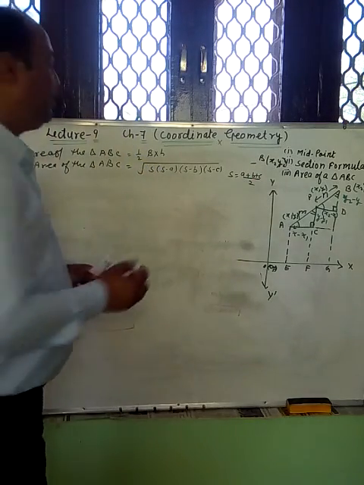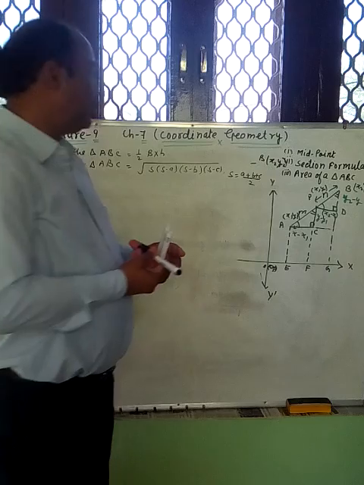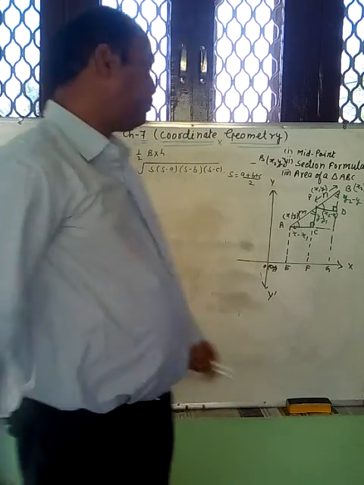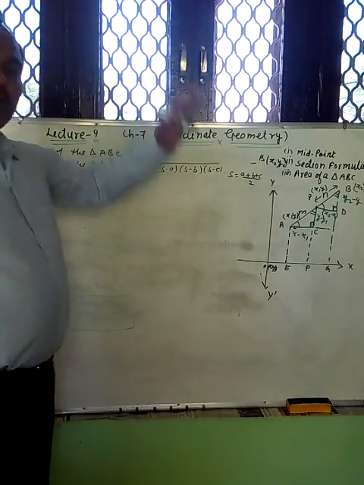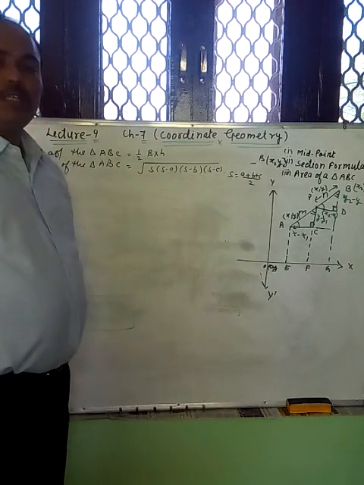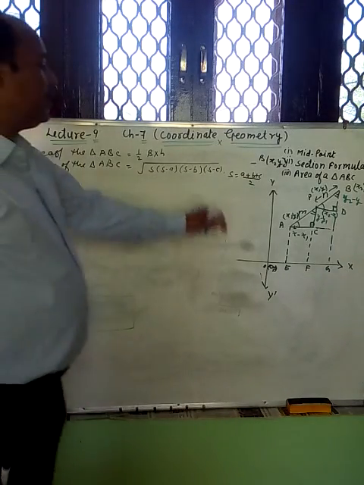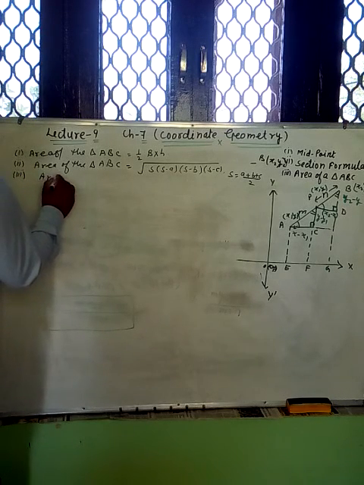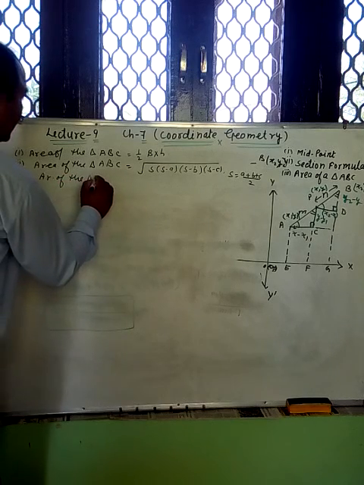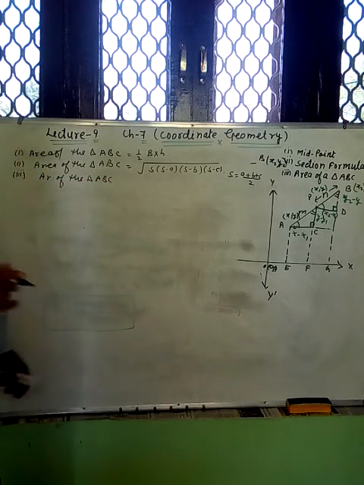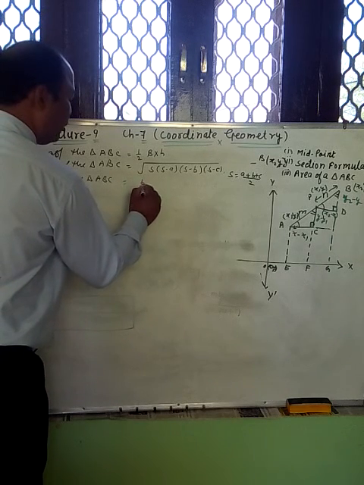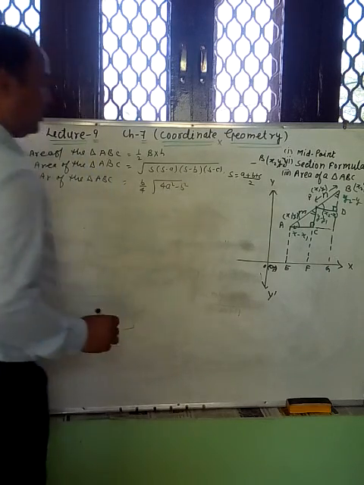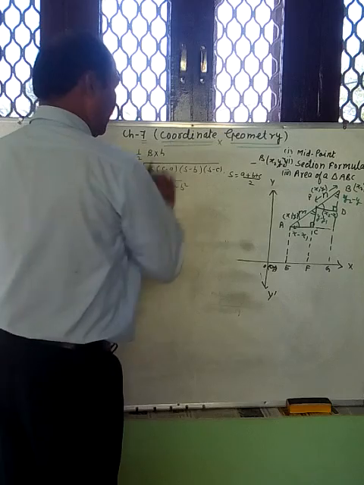The sum of the sides divided by 2 is called the semi-perimeter of a triangle. The third formula is for an isosceles triangle: area is b upon 4 into root of 4 a square minus b square. All are in square units.